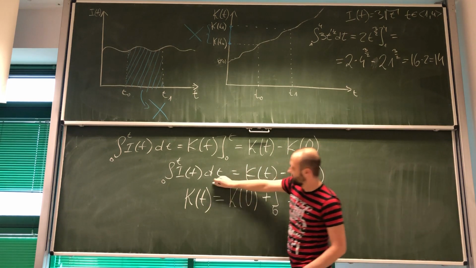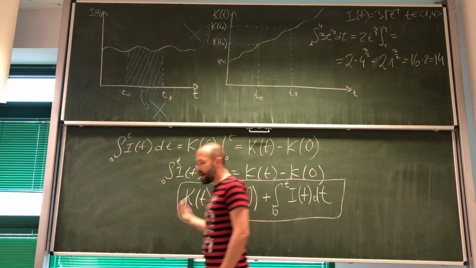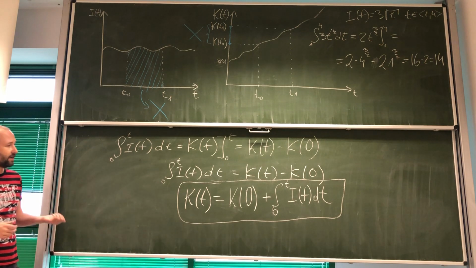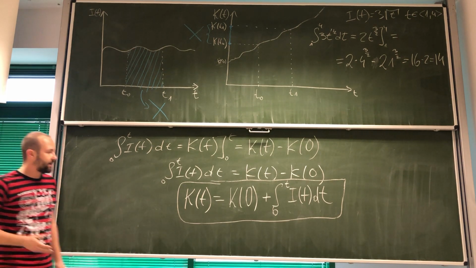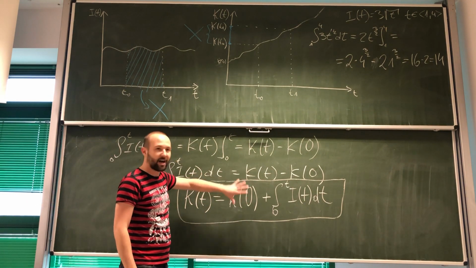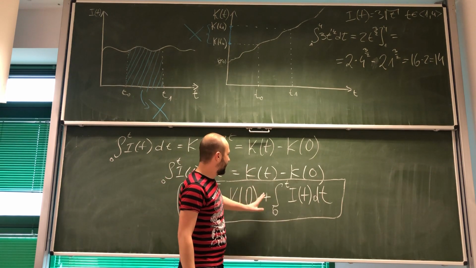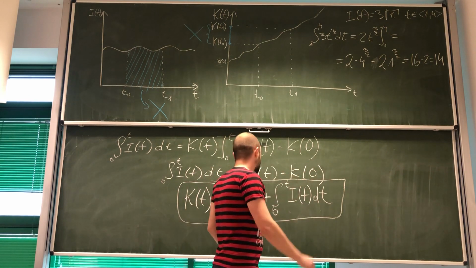And this formula gives us the final connection between investment, capital formation, and the level of capital. At the beginning, we had some level of capital in the economy, then through investment, this level has been rising.